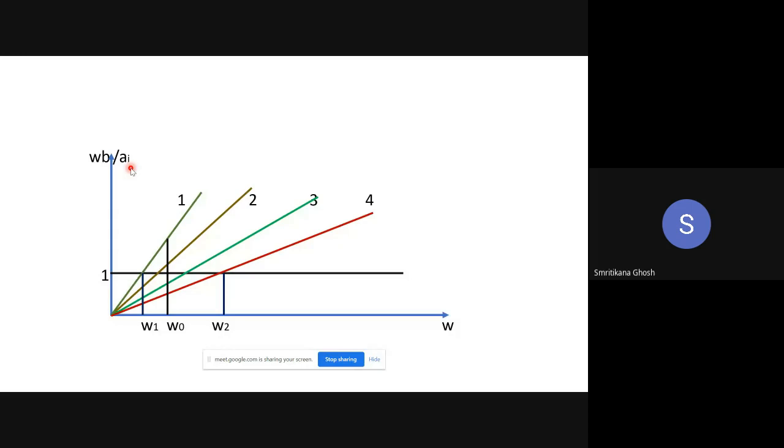That is why these lines are straight lines. The relationship between W into Bi by Ai and w is shown by a straight line because Bi and Ai are constant.